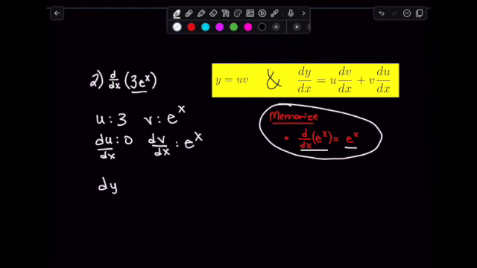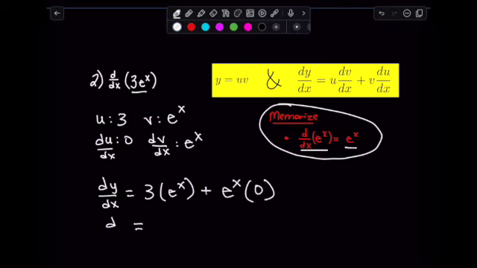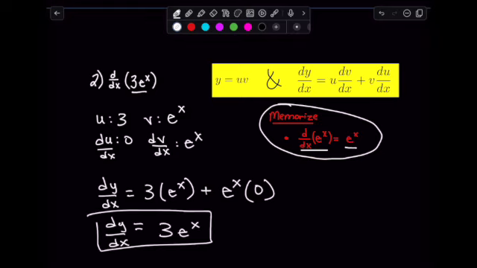Plugging that in, dy/dx equals u, which is 3, times dv/dx, e to the x, plus v, which is e to the x, times du/dx, which equals 0. Simplifying that out, we find that dy/dx is simply 3e to the x.